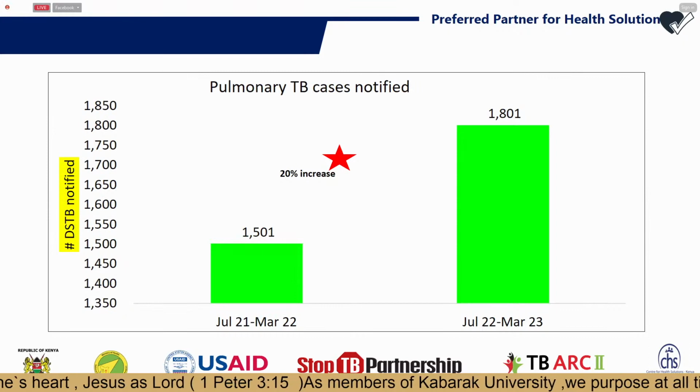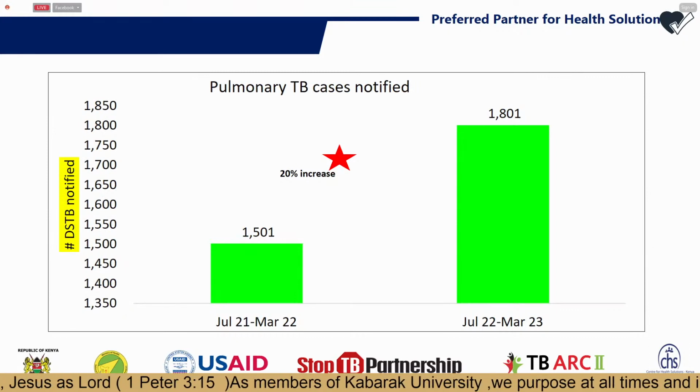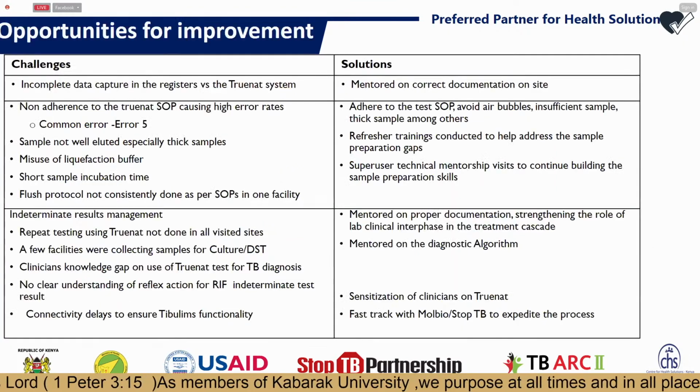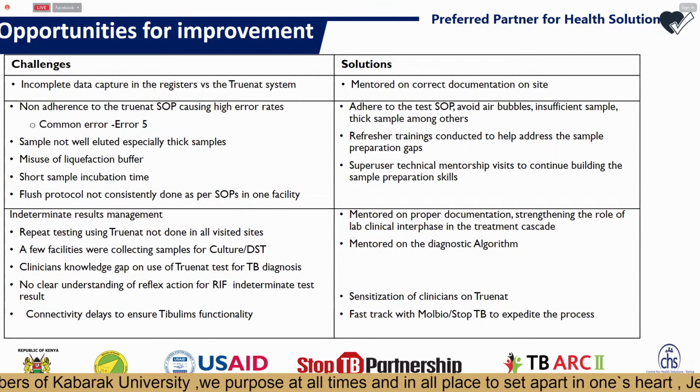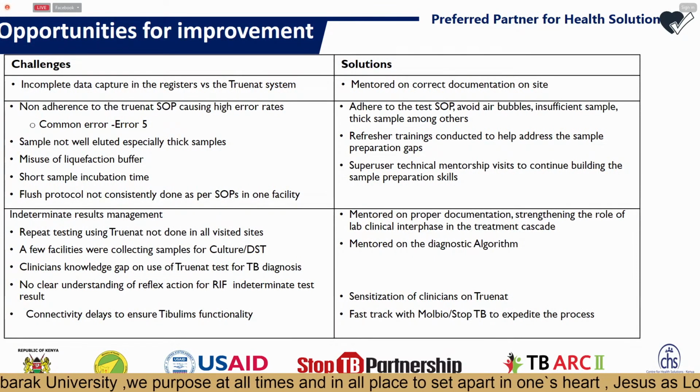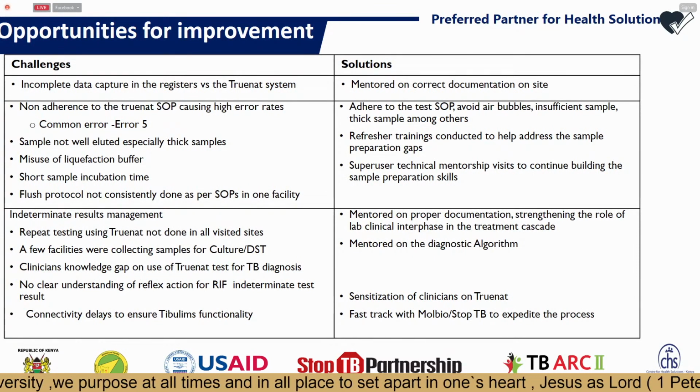These are some of the benefits of rolling out new diagnostic tools, which countries should be able to adopt. We did not implement this process smoothly, and these are some of the challenges at the very early implementation phases that we noted.